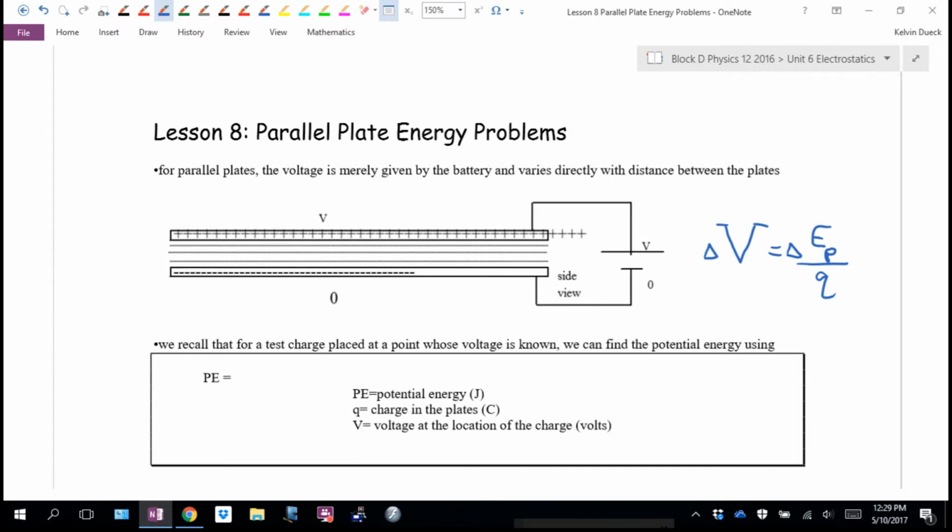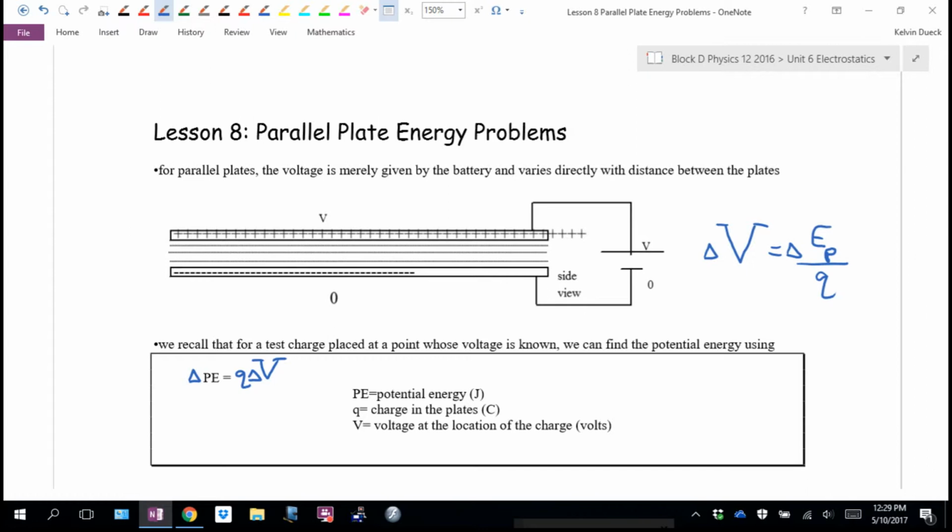Cass, can you get the energy by itself for me? Yeah. Potential energy is QV, and the change in potential energy is Q times the change in voltage. That's not directly on your formula sheet. Well, it is if you get the energy by itself.